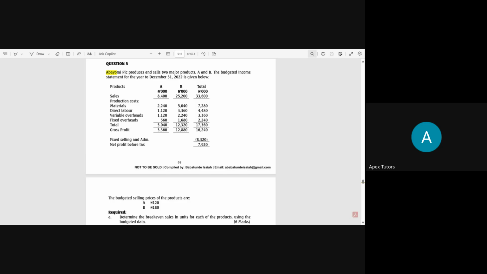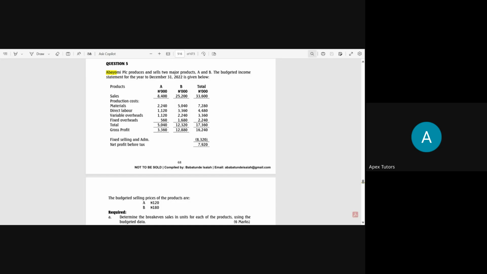It will be 2,240,000 divided by the number of units produced for product A, which is 70,000.